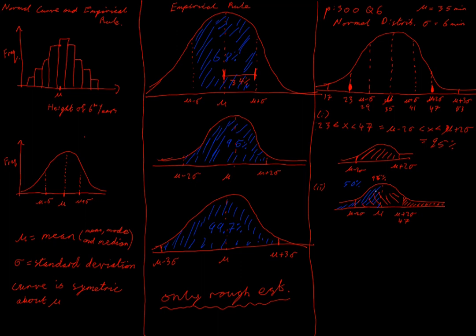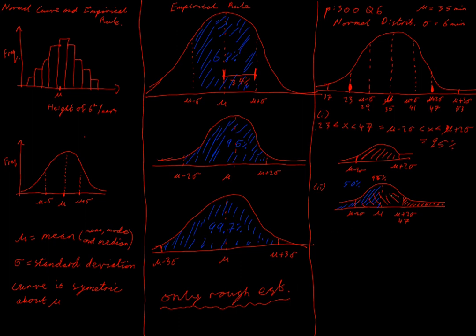So I want my blue 50% plus half of this 95%. That's going to give me the percentage that is below what I am looking for.